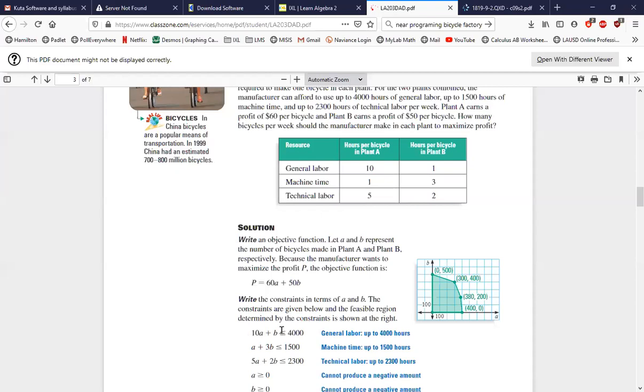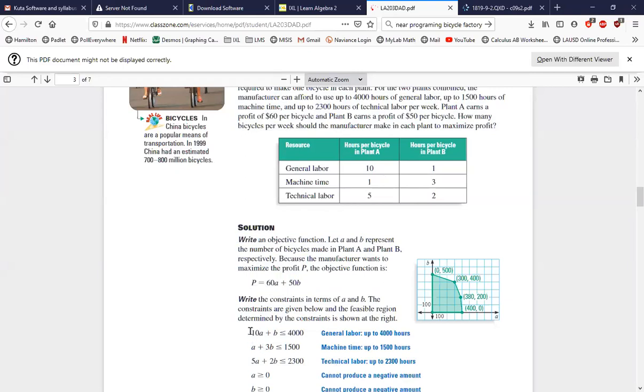So how did they come up with these constraints here? They're from the table. So let's take a look for our plant A and B. So here's the idea. The boss can only spend so many hours in general labor. So let's say he has 1,000 people, and he can only set these 1,000 people to either plant A or plant B. So to make a plant A bike, look, it costs 10 general labor hours to make one versus a plant B bike, which only costs 1 labor hour.